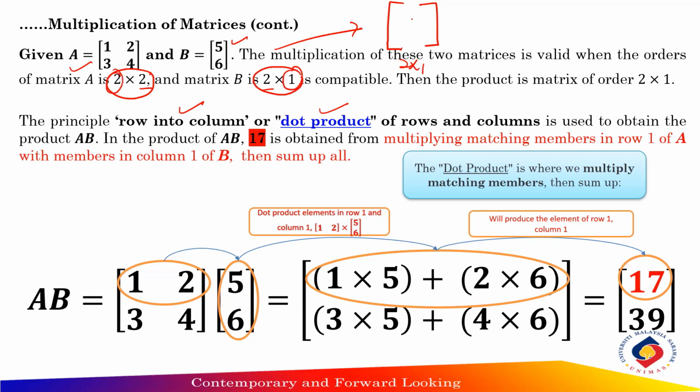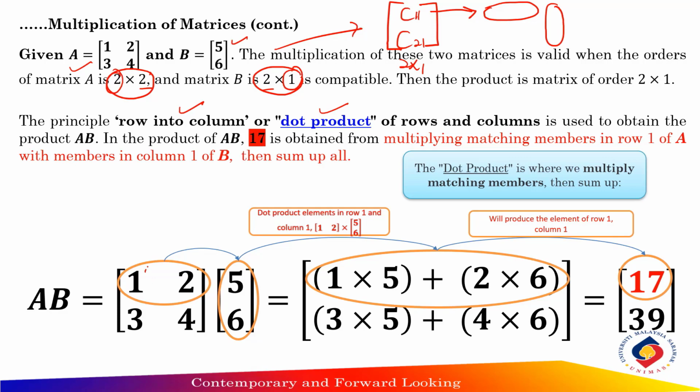The elements of this matrix are the element at row 1 column 1 and the element at row 2 column 1. The first element is obtained by multiplying the first row of matrix A with the first column of matrix B. To solve this multiplication, we apply dot product, where we multiply the matching members, then sum up the products.